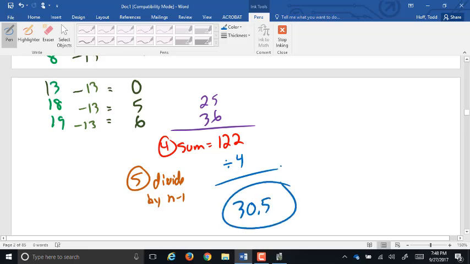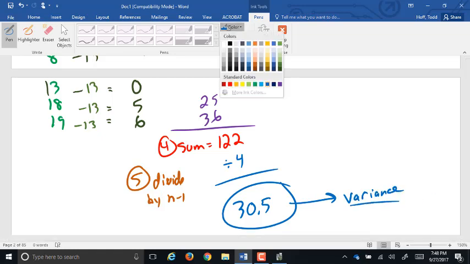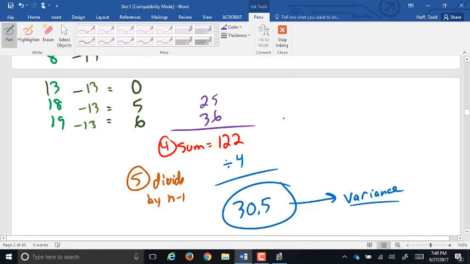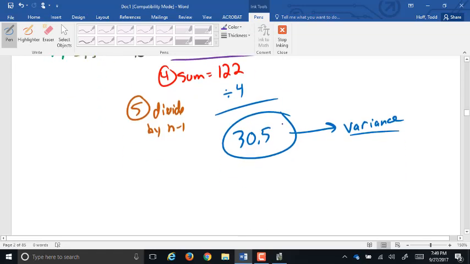What's that called? Variance. What do we do with that? We square root 30.5, gives us 5.52. That is the standard deviation.